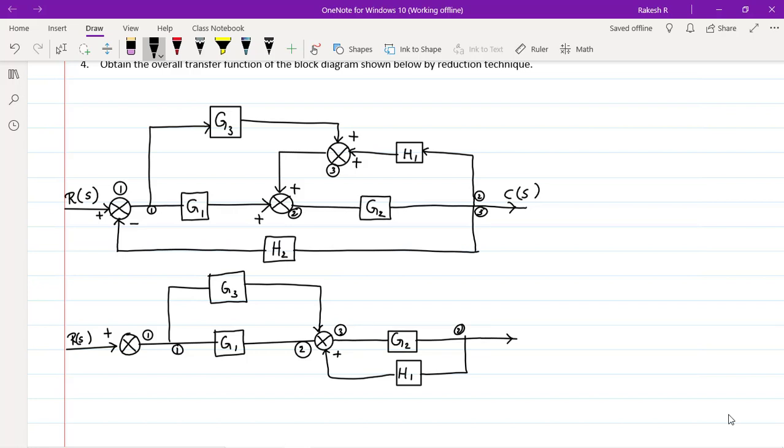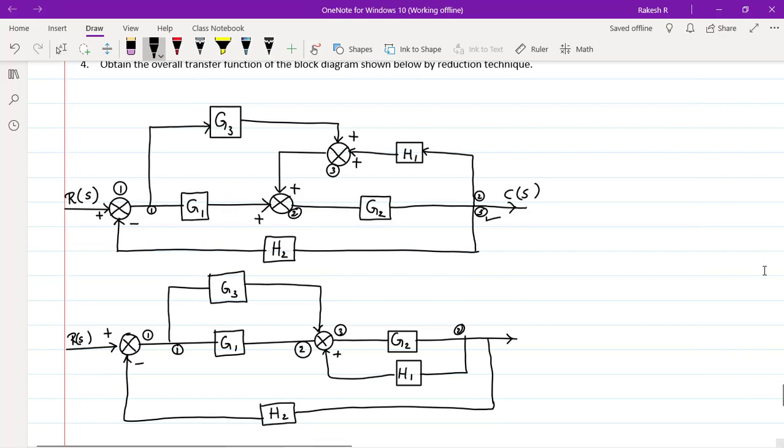Now we are left with the takeoff point 3 here. This is the takeoff point 3 that has H2 as the feedback block, that comes and combines with the summing point number 1 here with a negative feedback. What I have done is just combine these two summing points. Summing point 2 and 3 are combined. So whatever input is there for 3, that input will be there for 2.